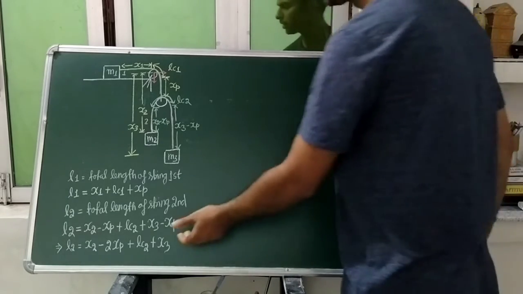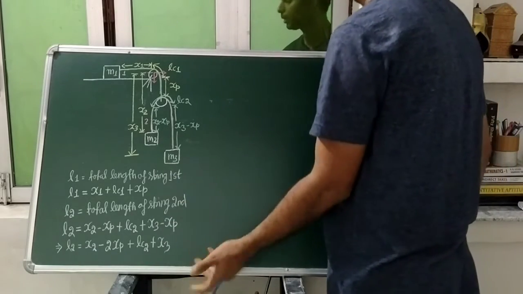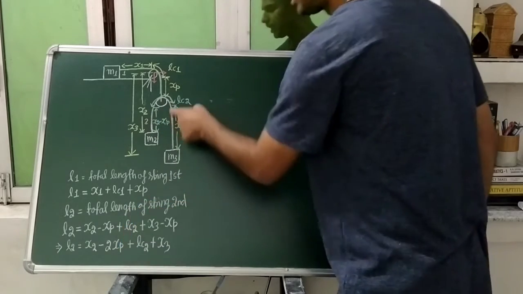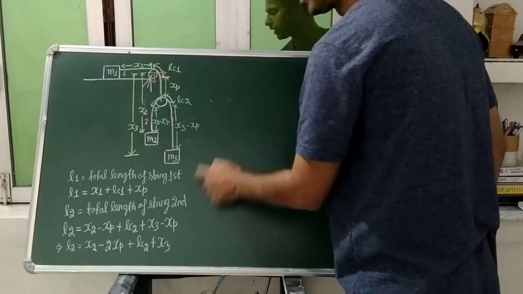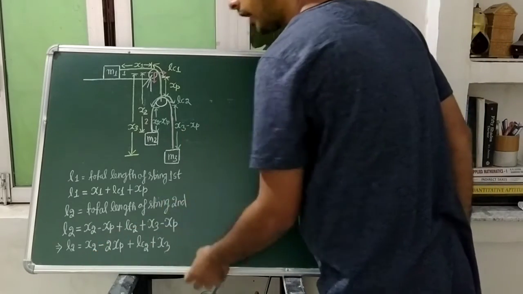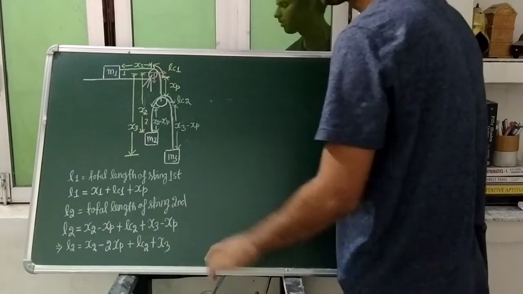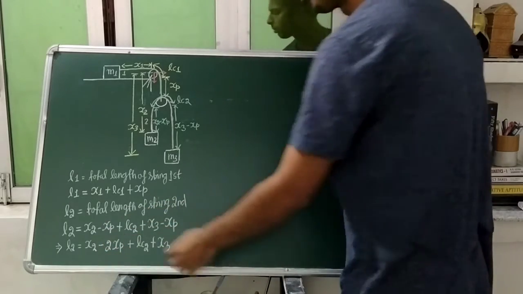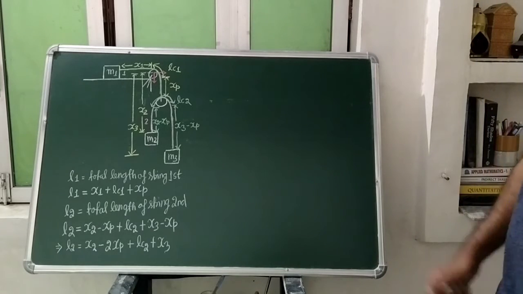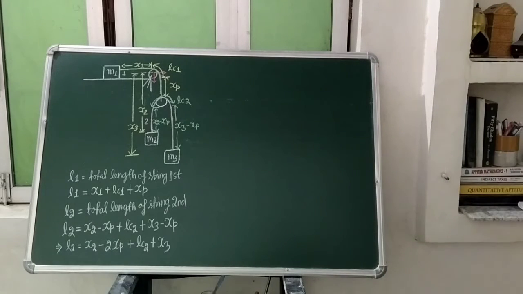So we can write the equation from here that length L2 must be equal to x2 minus xp plus LC2 plus x3 minus xp. We can write it in this way as well: x2, and this minus xp and this minus xp will become twice of xp, plus this LC2 plus x3. So write it up, students.